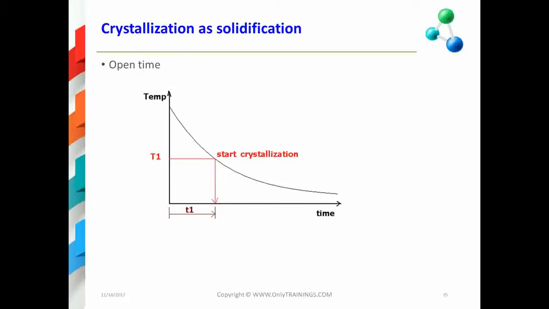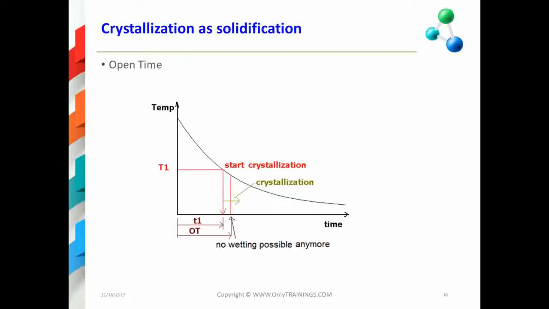So this is then the time that you have to wet the surface. What also happens is that the crystallites will immobilize more and more the hot melt. And at a certain moment, wetting of the hot melt is not possible anymore.